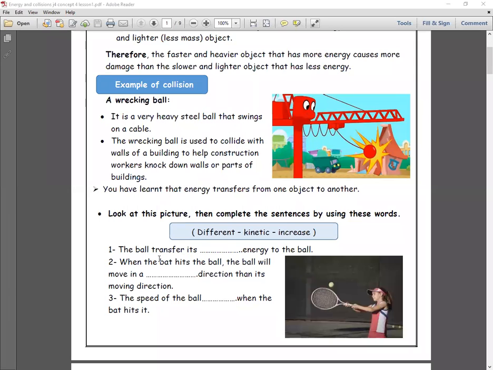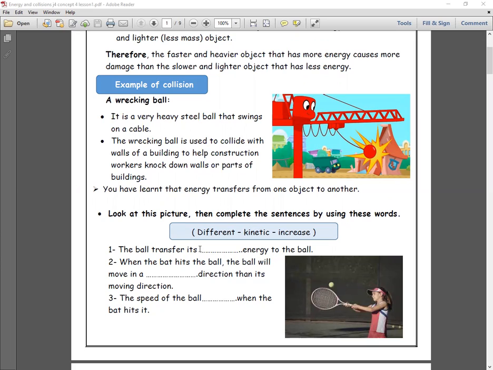So let's answer this small evaluation to make sure that all of you are understanding what I said. Look at this picture, then complete the sentences by using these words: different, kinetic, increase. Number one, the paddle transfers its kinetic energy to the ball.